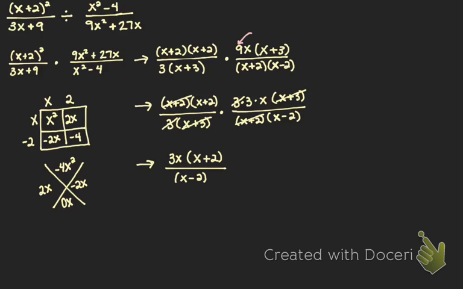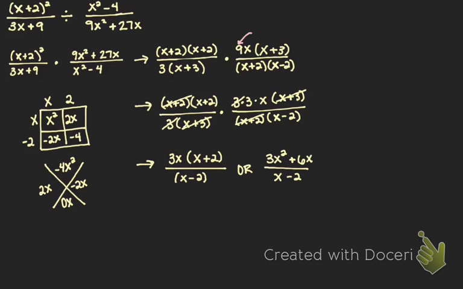So now we can leave it like this, or we can distribute that 3x and rewrite it as simplified as possible. So 3x times x would give us 3x squared. 3x times 2 will give us a 6x. And then our denominator will just be left as x minus 2.